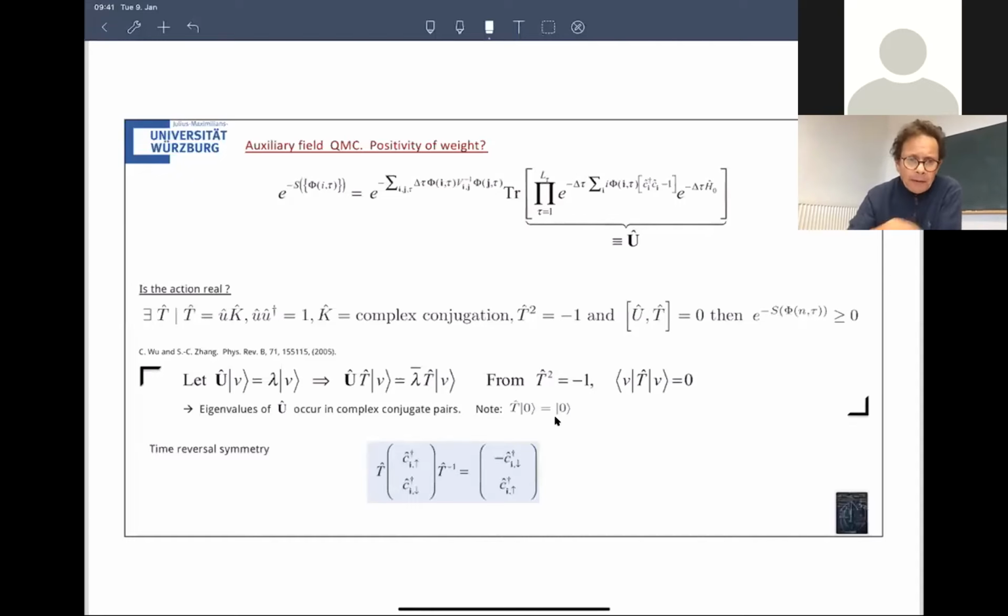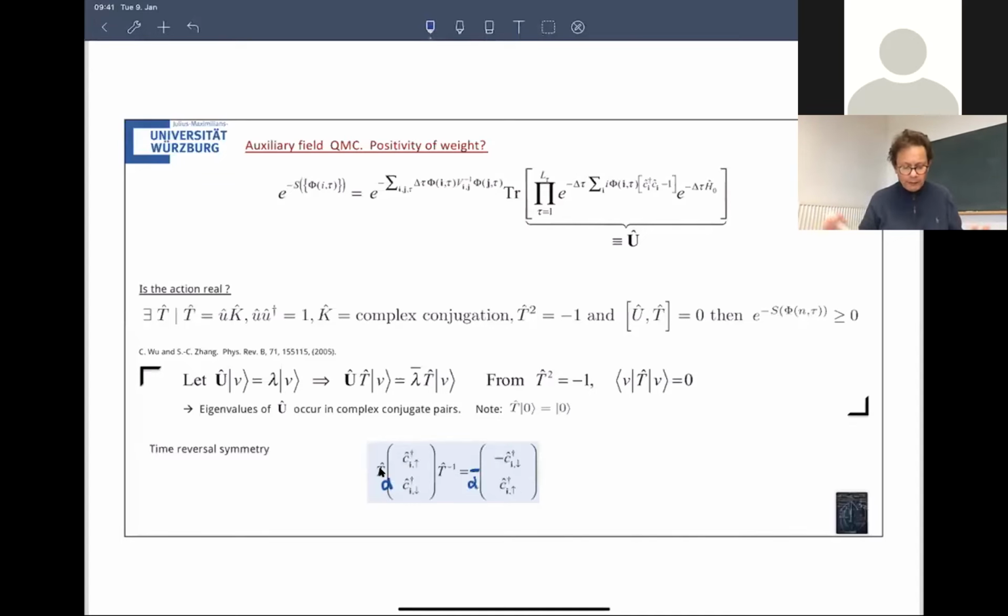An example of this would be time reversal symmetry. Time reversal symmetry for spin 1/2 tells me that the up electron goes to the down electron, and the down electron goes to minus the up electron. This is antilinear, so if I put in an alpha here, being anti-unitary, I would have an alpha bar here, right?